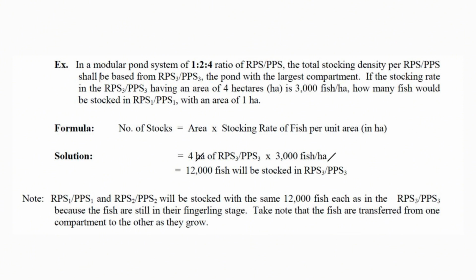So there is 12,000 fishes that will be stocked in RPS3 or PPS3. In addition, please take note that RPS1 or PPS1 and RPS2 or PPS2 will be stocked with the same 12,000 fish each as in the RPS3 or PPS3 because the fish are still in their fingerling stage. Take note that the fish are transferred from one compartment to the other as they grow.